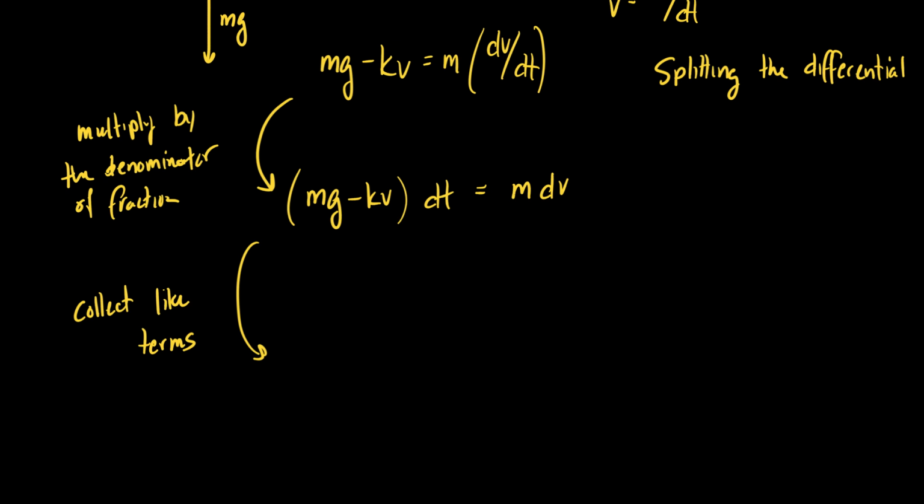You can only do this by multiplying and dividing. You can't subtract because you'll still be left with dt multiplied by something over there. So you need to get this whole thing off this side because it's being subtracted. So you just divide both sides by the whole term. So I'll get dt all by itself on one side, and I'll have m over mg minus kv on the other side. I have collected like terms.